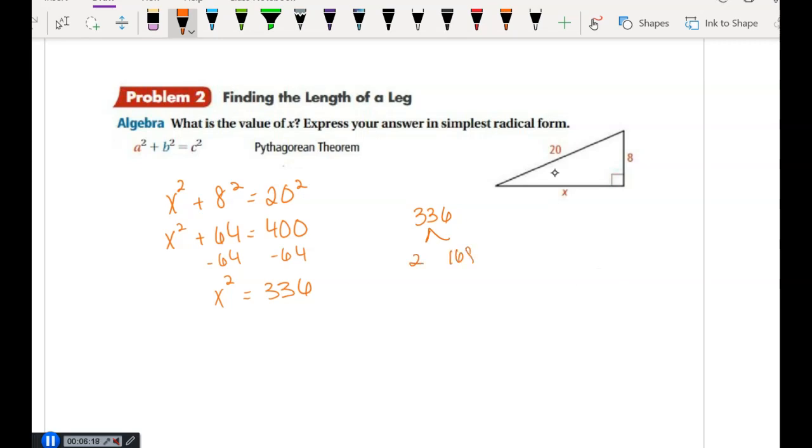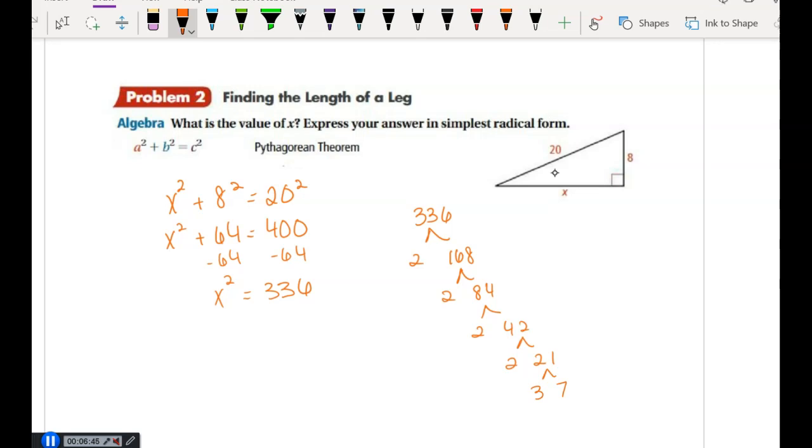So 2 times 168 gives me 336. 2 and 84. 84 breaks down to 2 and 42. 42 breaks down to 2 and 21. And 21 breaks down to 3 and 7.